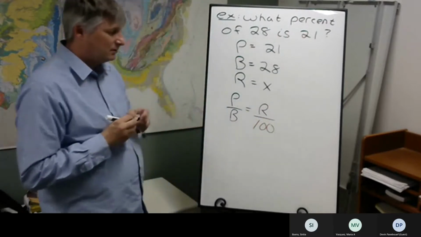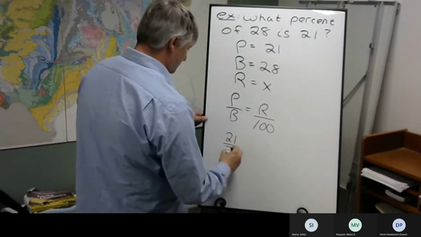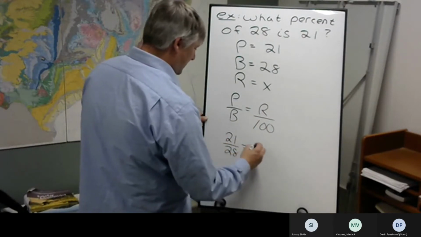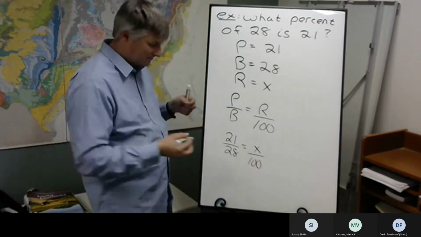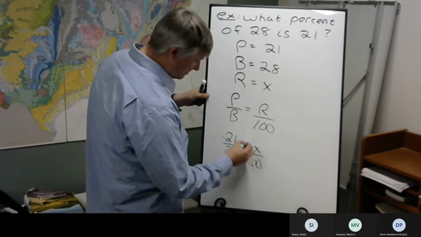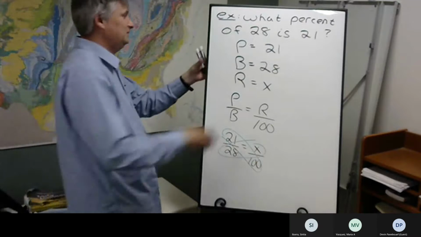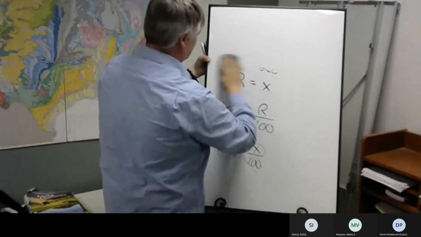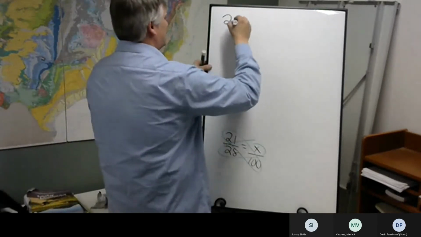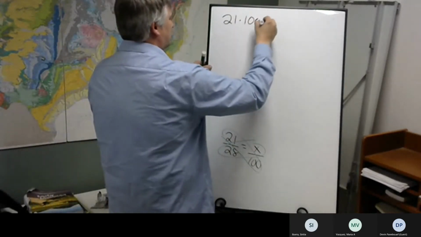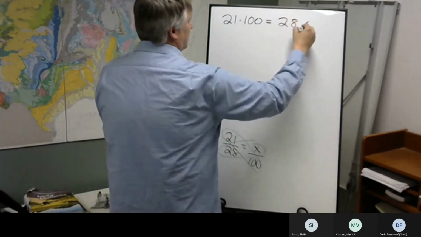So P over B equals R over 100, where 21 over 28 equals X over 100. So again, we'll cross multiply. 21 times 100 equals 28x.